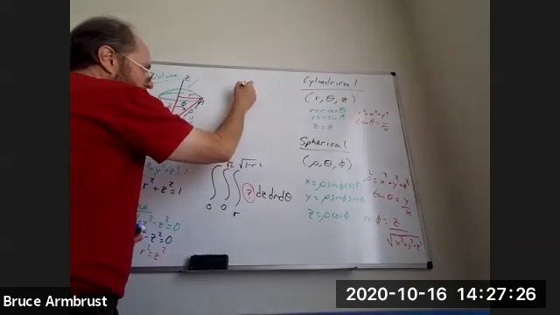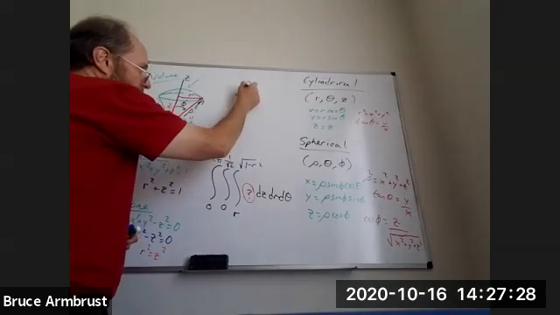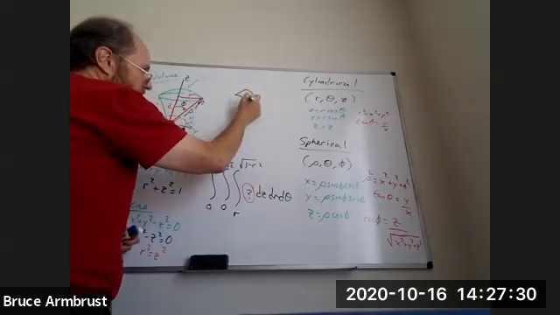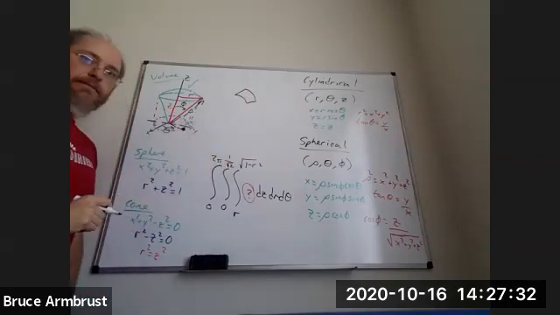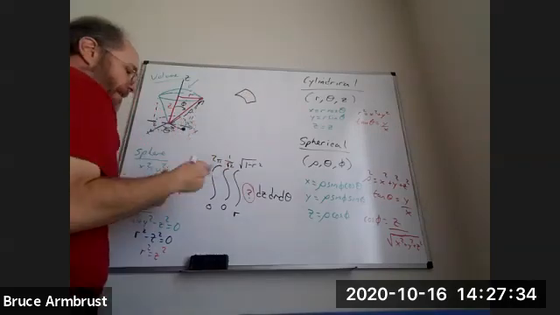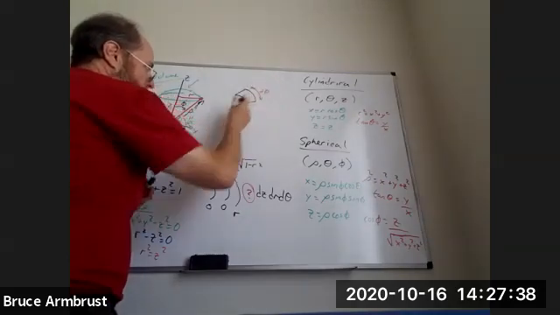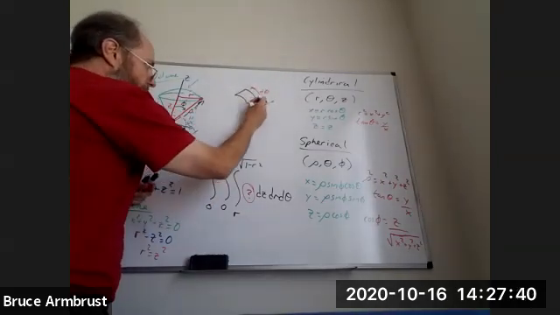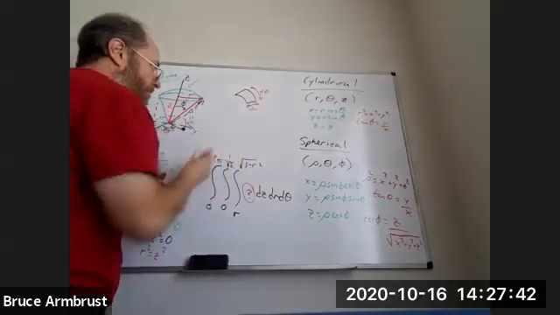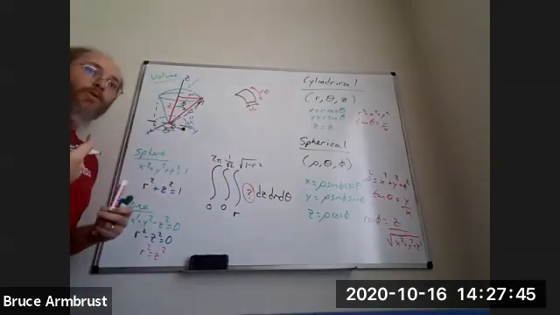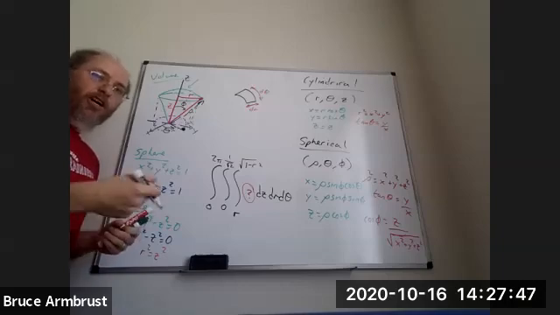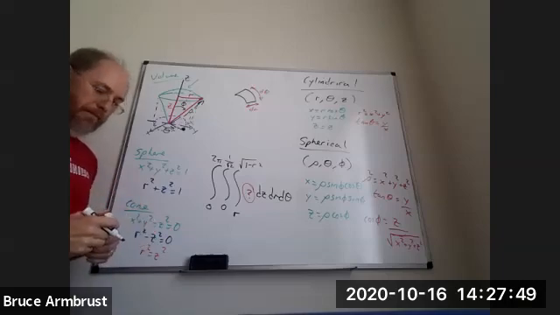And so when we did it in polar, remember what we had was like the crust of pizza. So we had a d theta, and we also had a dr. But because it wasn't a rectangle, that's what gave us the r dr d theta.